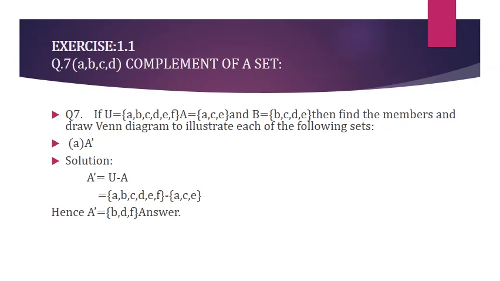When we deduct A, C, E from the universal set, the leftover of the universal set is our answer. Hence our answer for A complement is B, D and F. Okay class, hope you have got all this.